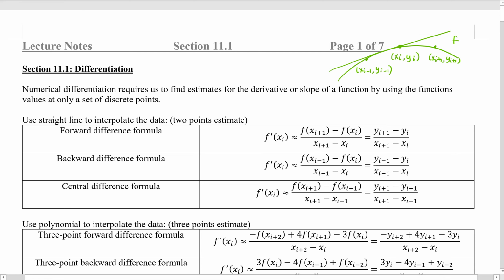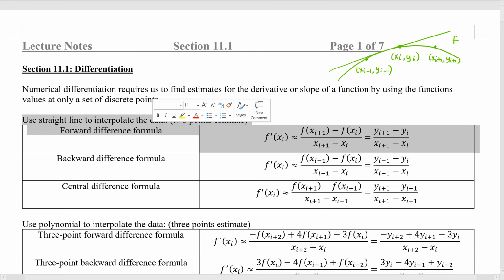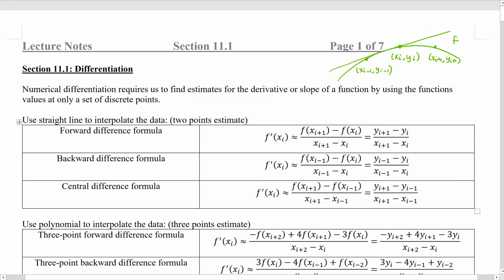So here, we use a straight line to interpolate the data. We use 2-point estimates. We have the forward difference formula. So the derivative at the point xi, forward means we're using the point and the next point.